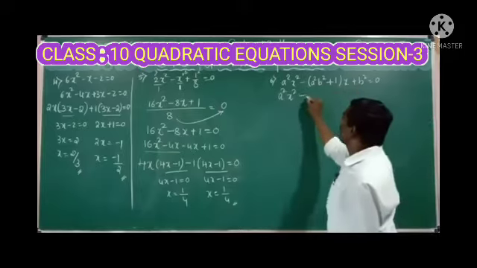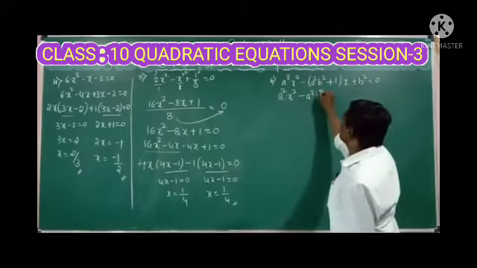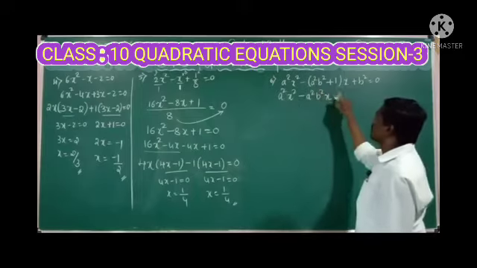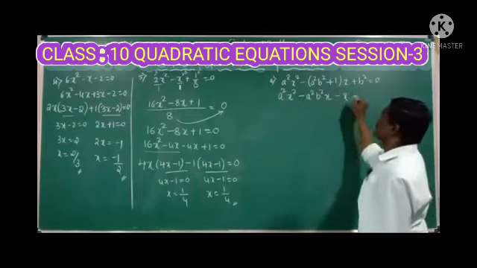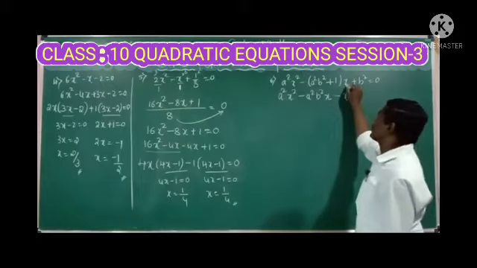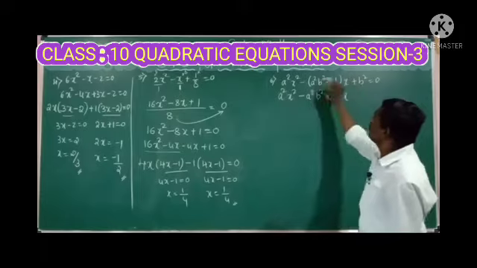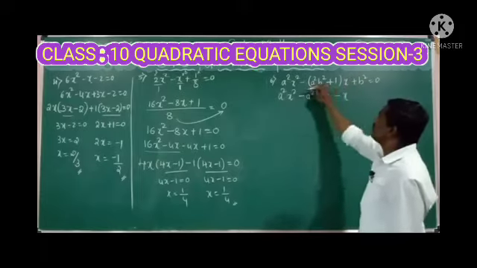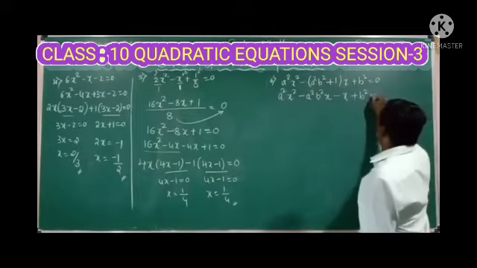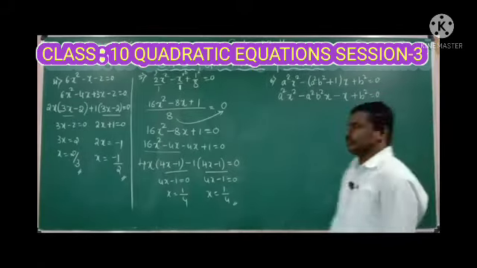So minus a square b square x; minus into plus is minus x. Here we have one more term, that is x, right? So we need to multiply these two terms for the middle term. Plus b square is equal to 0.